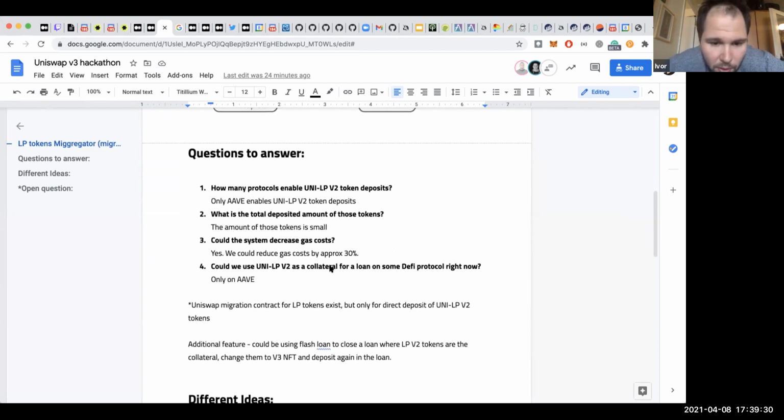And at the end, we also tried to find out where you can put your V2 LP tokens as collateral for a loan. And we again found out it's only Aave. Yeah, this one we also asked on their Discord and got this. Cream has it. Cream has it. Yeah, because Aave doesn't have it, or at least on their front end, you cannot see the interest that you will need to pay or anything like that.